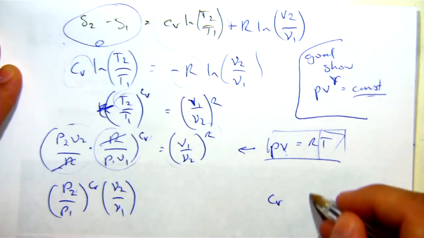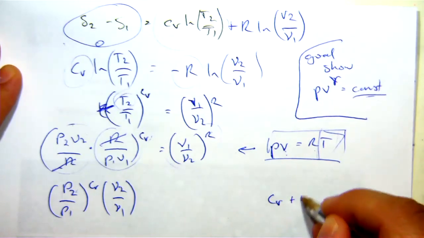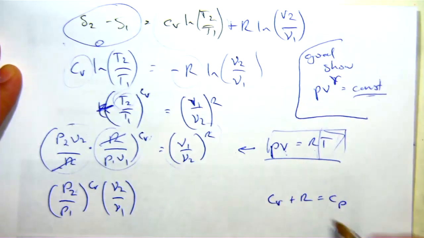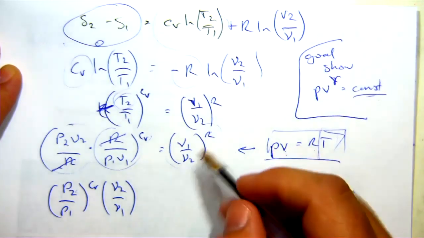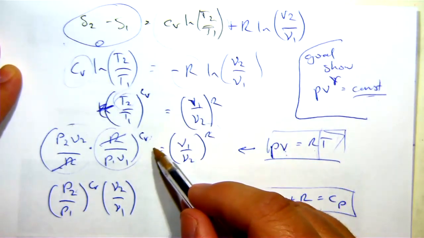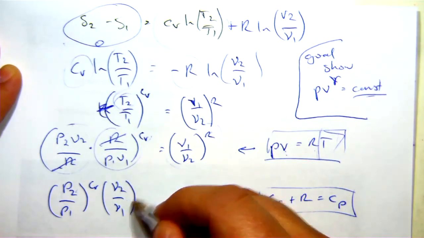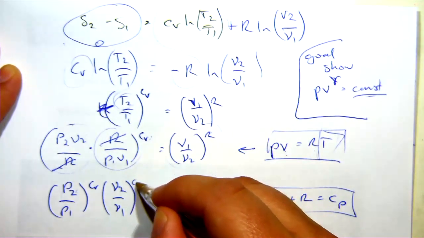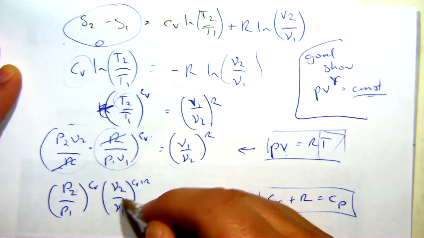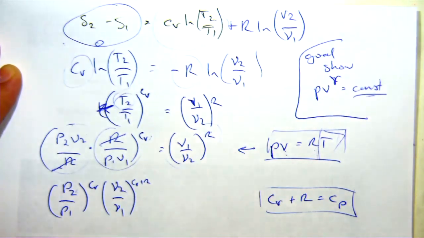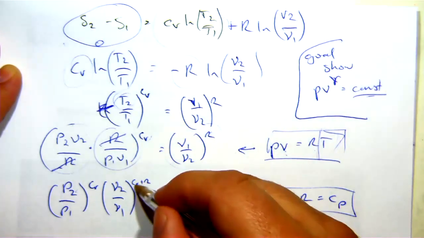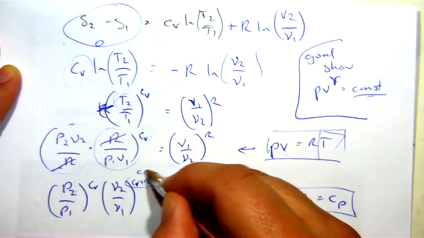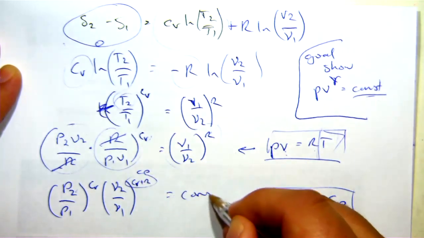I've got CV plus R. So bringing this guy over and then flipping this, if this is a minus, then this becomes a plus. It becomes CV plus R of this. That's the step that, the first time you see it, you're like, I'm not quite sure I follow that. If you try it by hand, you will find it, which means that this is CP equals a constant.